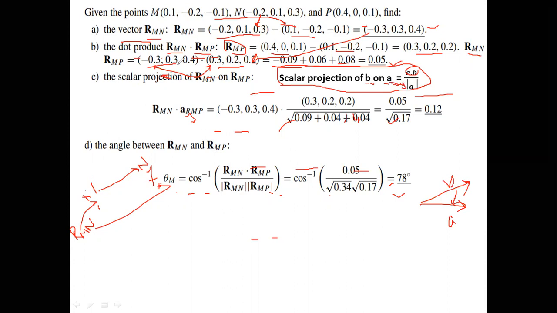But in the case of the scalar projection of Rmn on Rmp, the projection is fallen on Rmp. So first of all, we have to find the dot product of these two vectors. These vectors have already been found in parts A and B. Here is Rmn and this is Rmp.